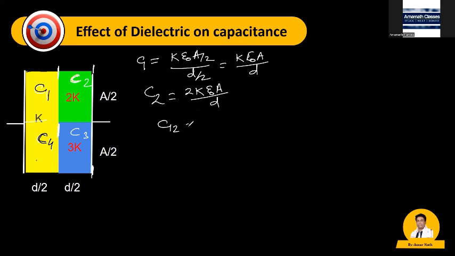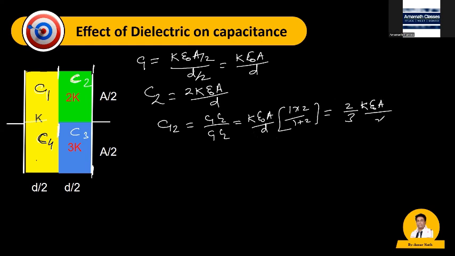So C12 as a whole will be C1 C2 by C1 plus C2. When two capacitors are in series, we have already discussed this. K epsilon naught A by D is common. What is uncommon here? Here it is 1, here it is 2, so 1 into 2 by 1 plus 2. So it is nothing but 2/3 of K epsilon naught A by D. That is C12.